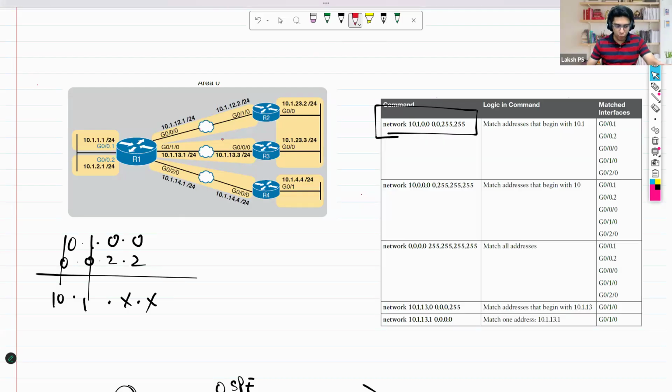Over here, OSPF is going to check which interfaces have an IP address starting with 10.1. This one, this one, this one, this one, and this one.